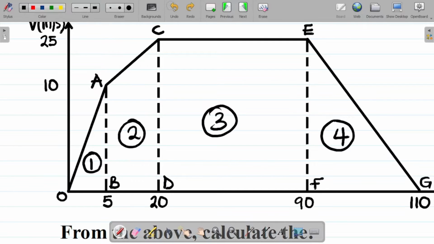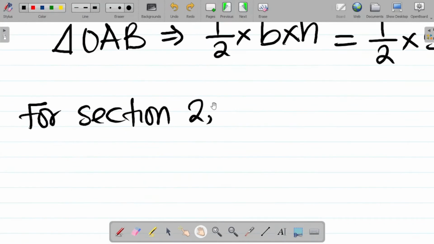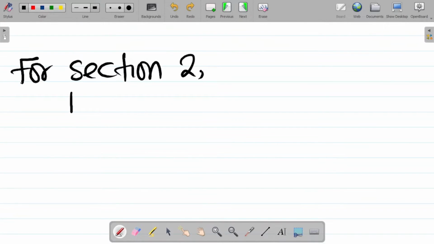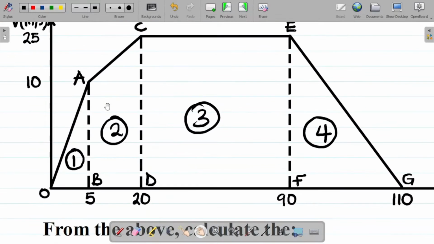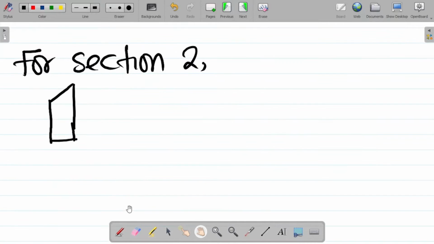What shape is this? This is simply a trapezium, okay? So for section 2, we have a trapezium, something that looks like this. Let's see the labeling here. Let's call this ABDC. The trapezium here is A, B, D, C.